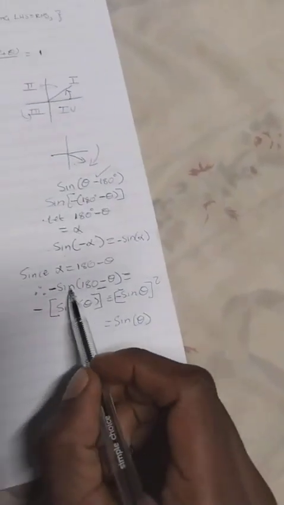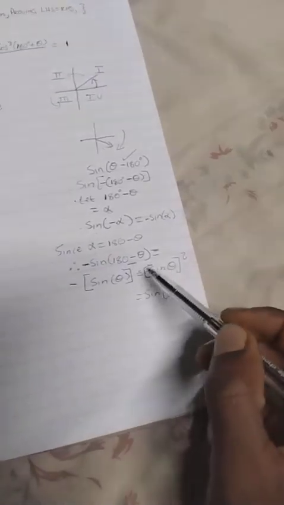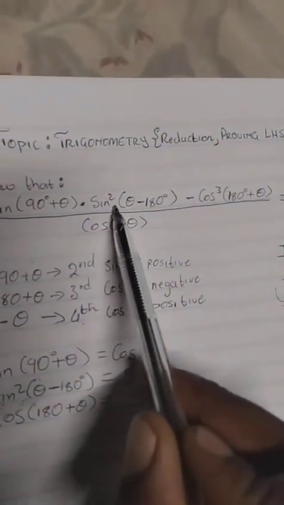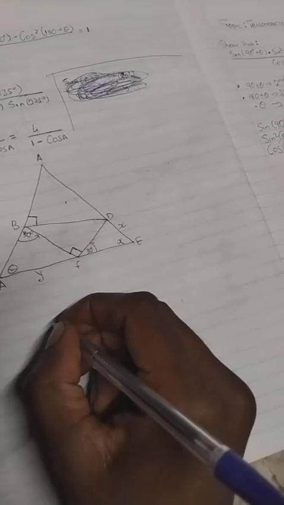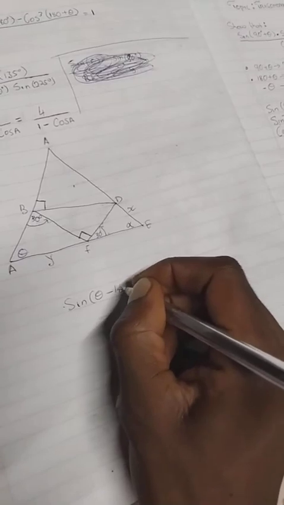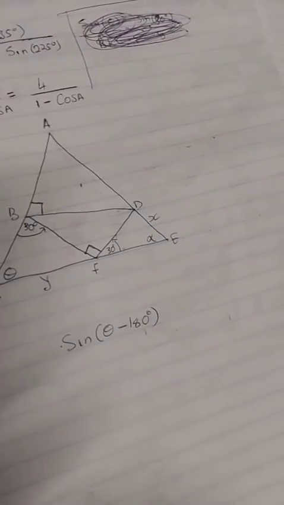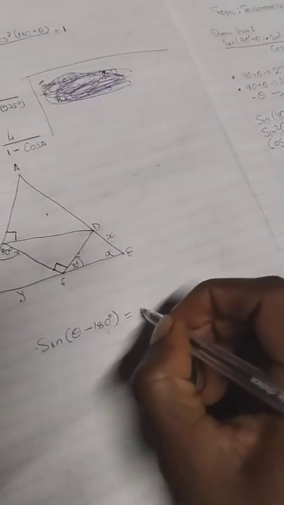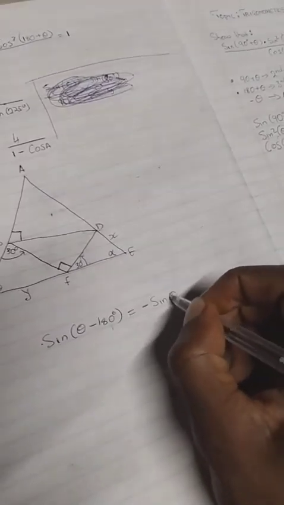Okay, I have a question. Because remember, we proved that this is going to be negative sine theta. But this, remember, we have the square, like I explained to you now. Sine theta minus 180 degrees overall, using this step, is going to be negative sine theta.